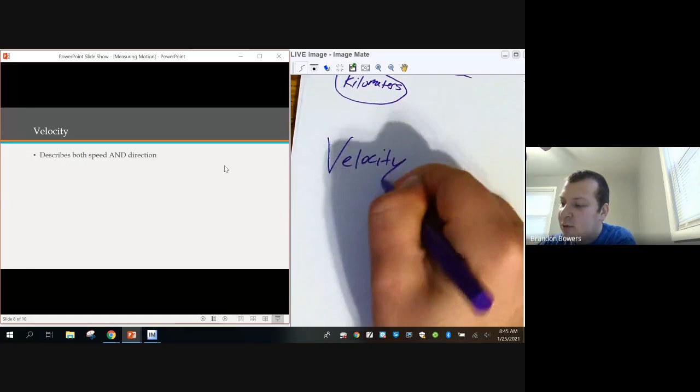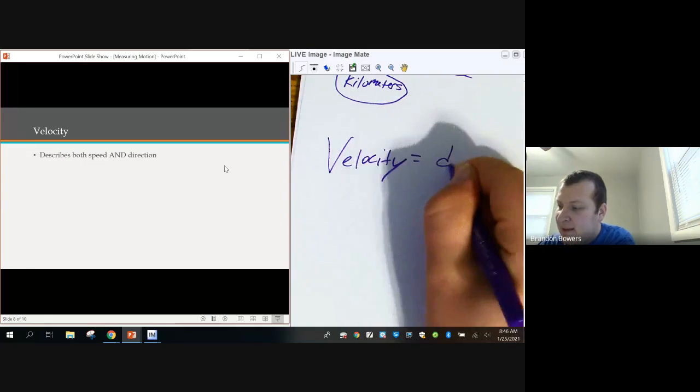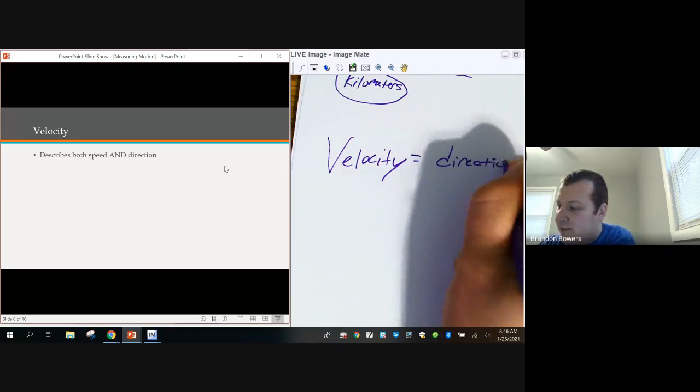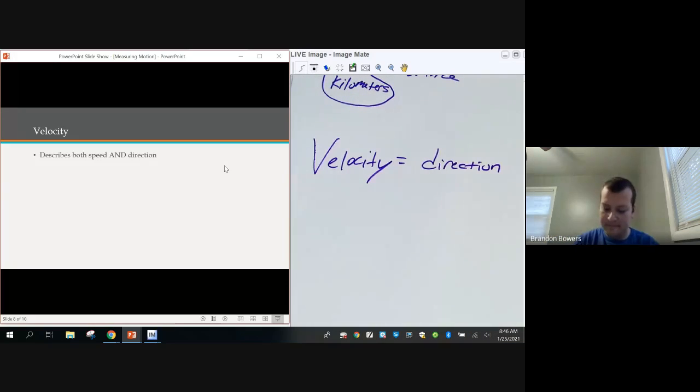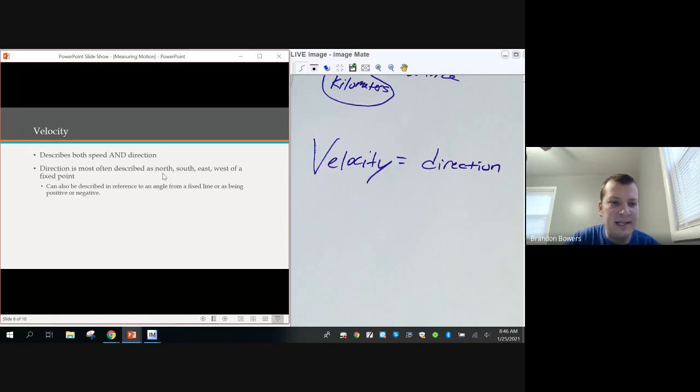Whenever you see a direction, that's velocity. The direction can be north, south, east, west, an angle, it can be anything. It's just direction.